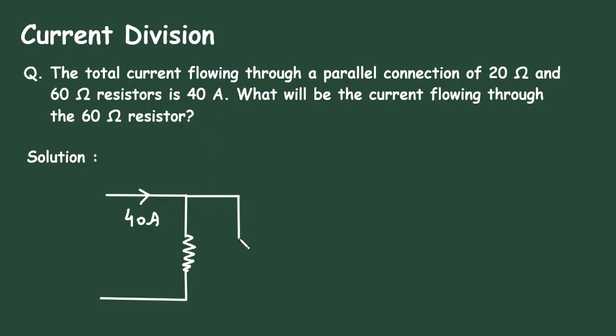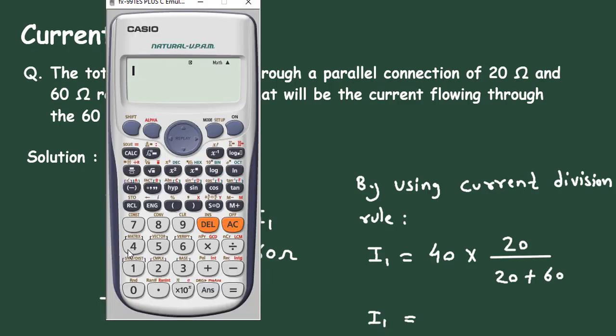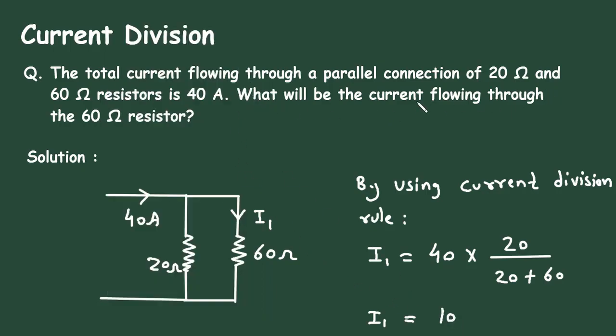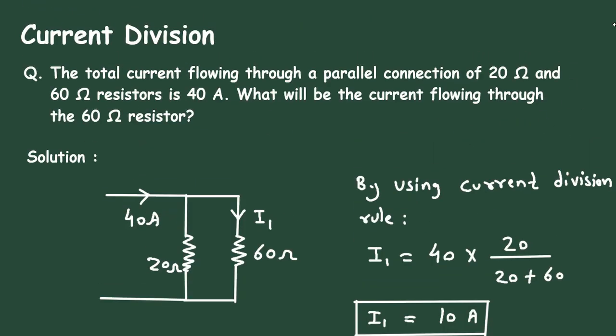So if we solve this, 4.615 plus 3.076 plus 2.307, it is 9.998, which is approximately same as 10 ampere. So therefore LHS, that is left hand side, is equal to RHS. So hence our answers are correct for I1, I2 and I3.